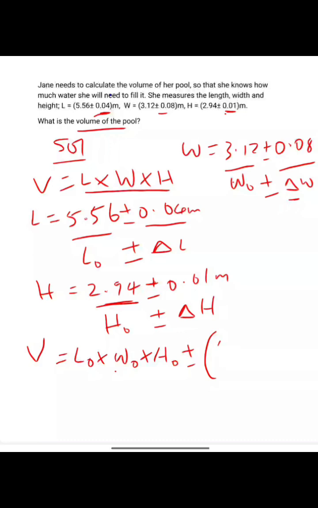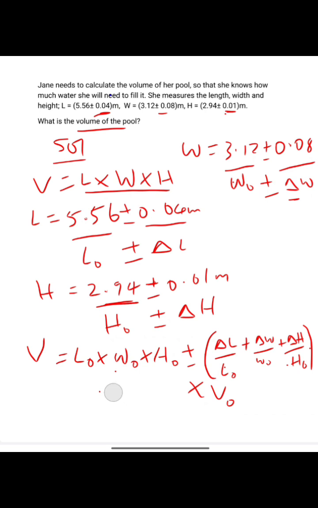The uncertainty in the volume is the fractional uncertainty of the length, which is the uncertainty in the length divided by L sub 0, plus the uncertainty in the width divided by W sub 0, plus the uncertainty in the height divided by h sub 0. Then we close the bracket and multiply by v sub 0.